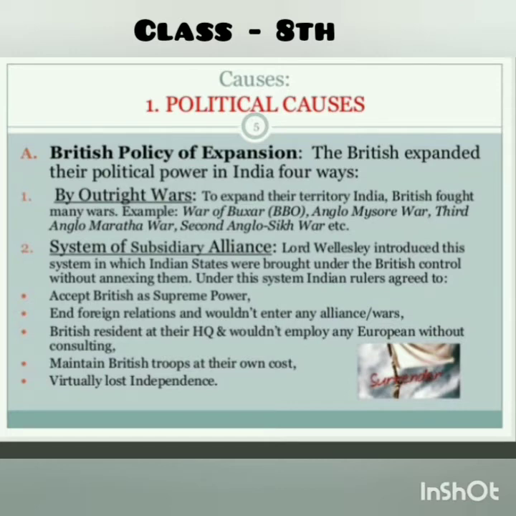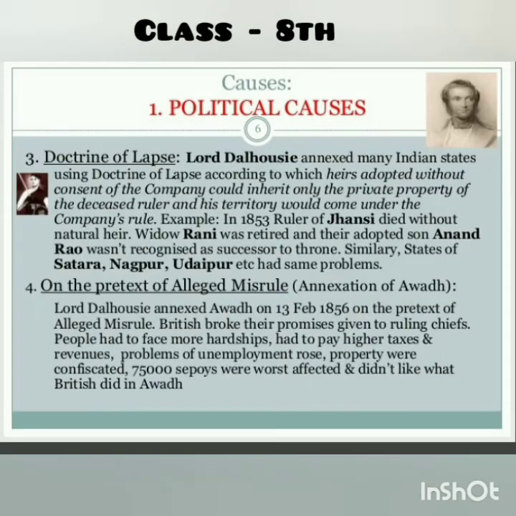Besides these two policies, there were two other policies: Doctrine of Lapse and alleged misrule. Doctrine of Lapse. Lord Dalhousie annexed many Indian states using Doctrine of Lapse, according to which heirs adopted without consent of the company could not inherit; they could inherit only the private property of the deceased ruler, and his territory would come under the company's control.